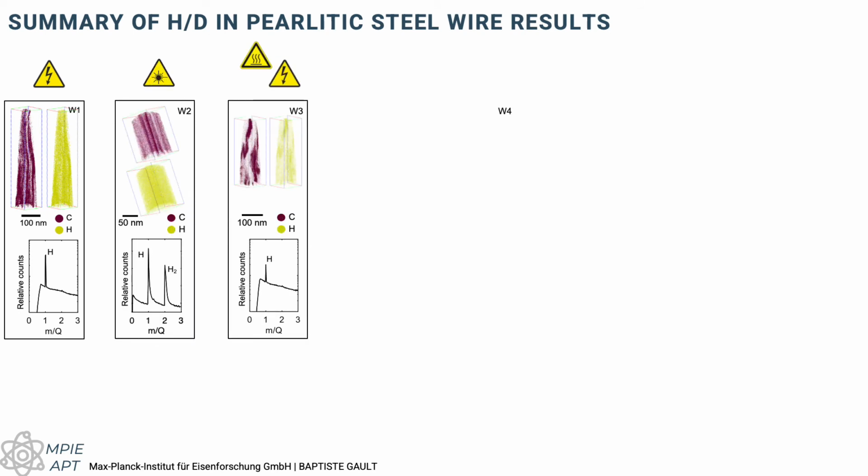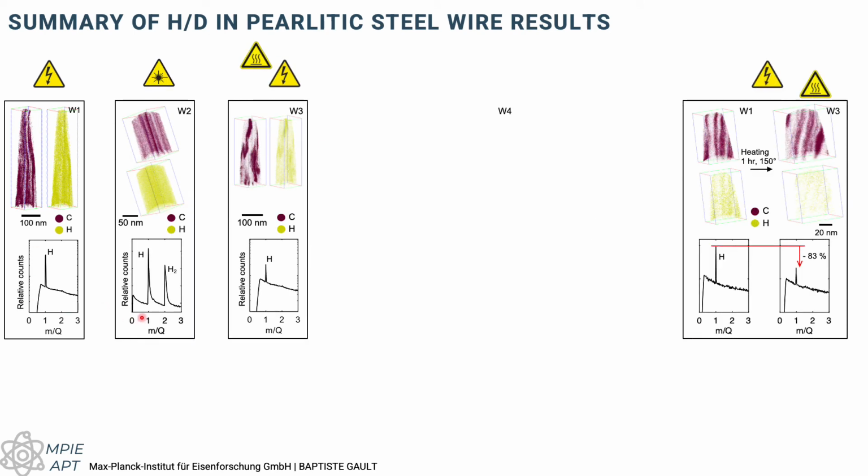But basically what we saw was a whole range of different analysis conditions and results. After heating, we would see a very strong change in the signal from hydrogen without any loading, which indicates that some of the hydrogen that we detect inside of the atom probe actually does not come from the chamber, but comes from the specimen, and we likely introduced it during the electrochemical preparation, because we are removing atoms from the surface in acidic conditions to shape the specimen into a needle, and it results in the presence of atomic hydrogen on the surface that can then penetrate inside of the specimen.